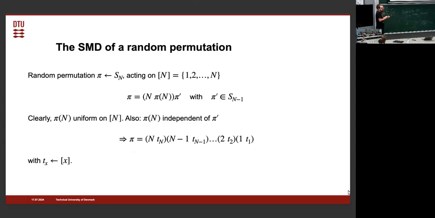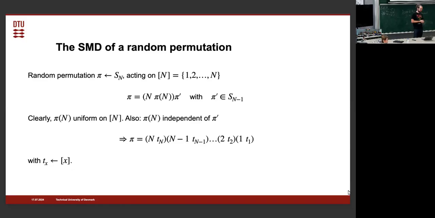We know that pi of n is uniformly random, and basically what's left to specify is a map from the values 1 to n minus 1 that is injective and maps to everything but pi of n, right? And that's still uniformly random among the set of these maps. So in the end, we get this nice representation of pi as these t values, t1 up to tn, and they are actually independent random variables.